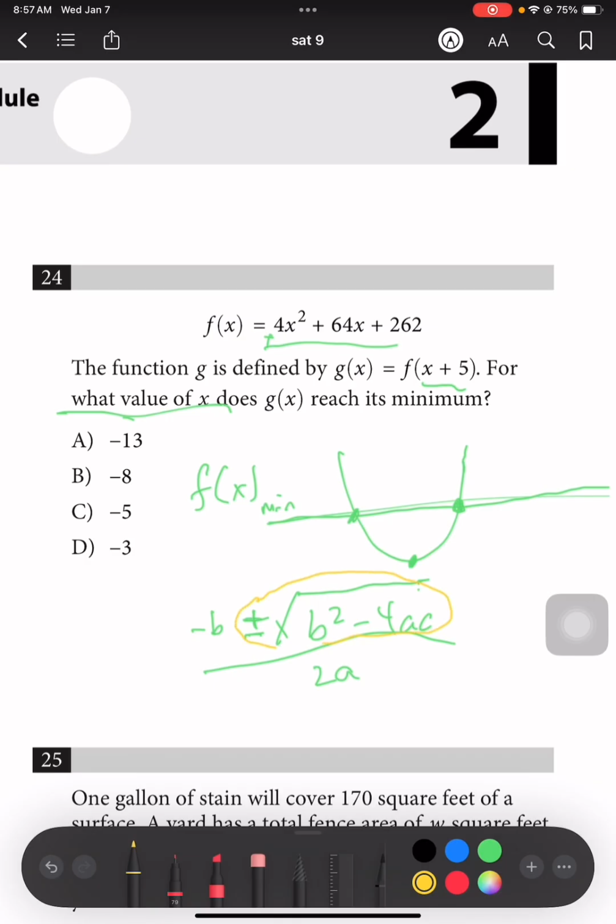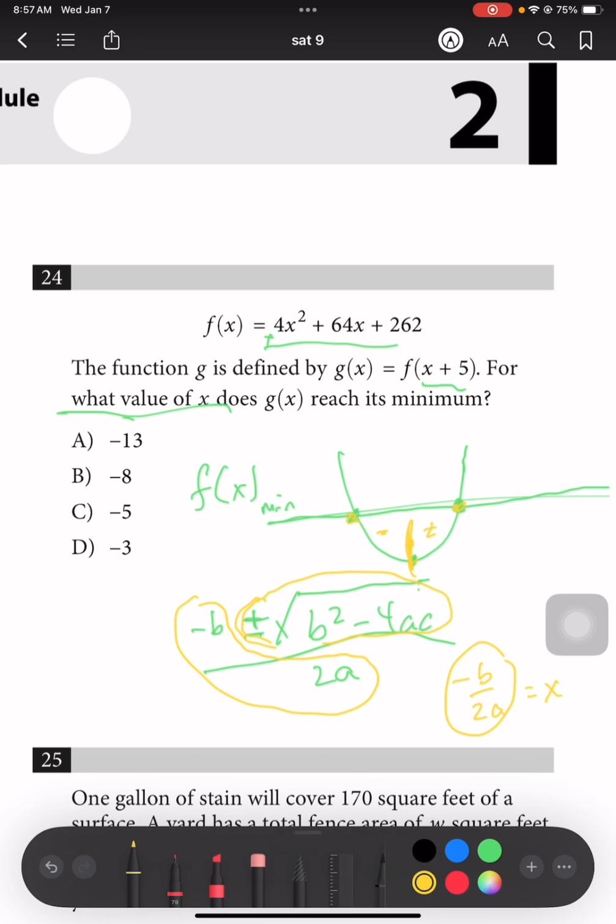So the vertex is negative b over 2a, because it starts right here, and then it's plus and then minus. That's how you get the two roots. And that's the plus and minus part I'm talking about. Now, negative b over 2a, at that x value, that would be the minimum.